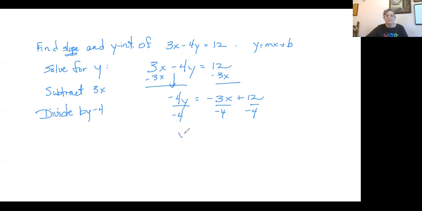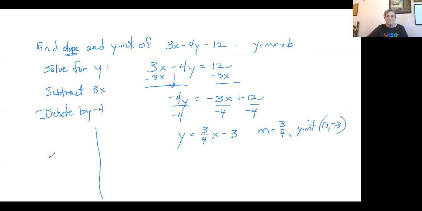So this is going to leave us 1y, so that's just y. Negative over negative is positive, so 3/4 x. Positive over negative is negative, minus 3. So we know the slope is 3/4. The y-intercept is the point (0, -3).